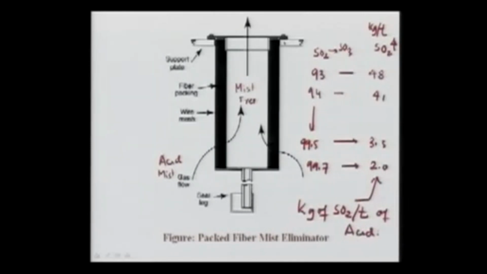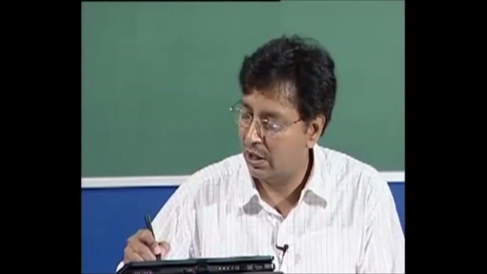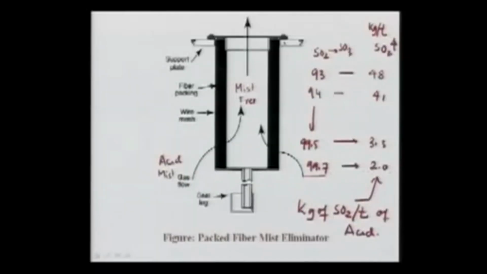Well, in summary, as I have been saying again and again, the conversion of SO2 to SO3 is a key process, and if we can handle that, then the SO2 emissions will significantly reduce. Just again I repeat, with very high conversion, the emission is very, very small.